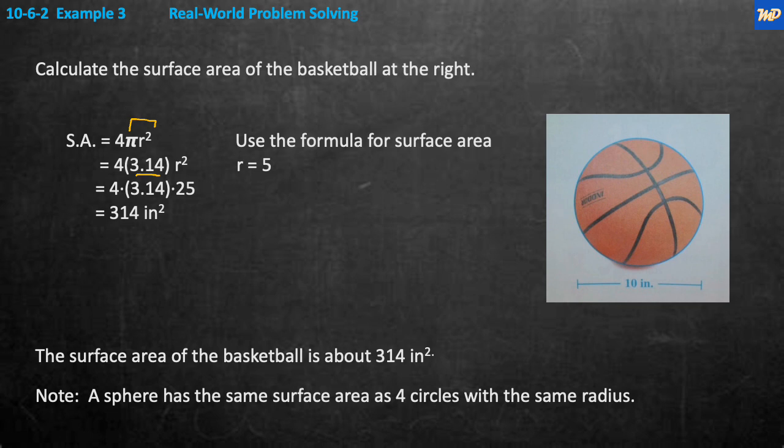The surface area of the basketball is about 314 inches squared. And why do we say about? Because remember, we're using pi. And once you use the value for pi and not just the term pi, you have to say about. Okay? A sphere has the same surface area as 4 circles with the same radius. I think I've mentioned that before, and that's kind of interesting.